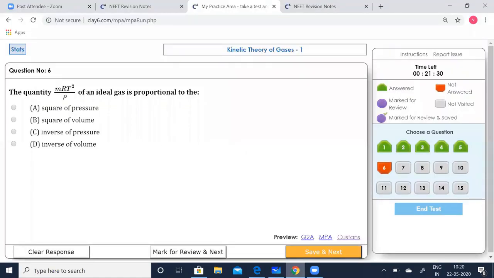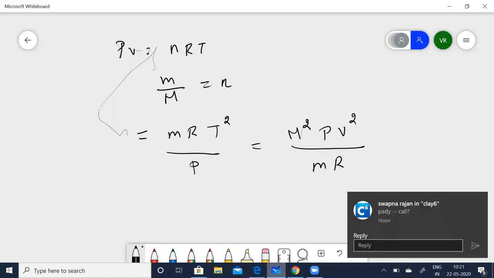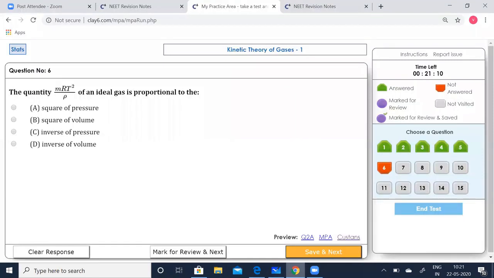Here he's asking what the quantity is proportional to. Look at the question: mRT squared by rho is proportional to what?